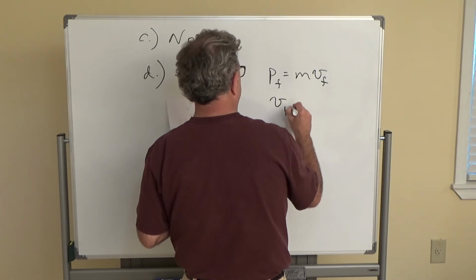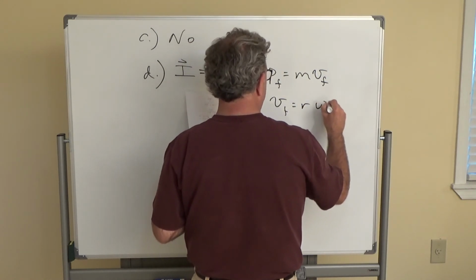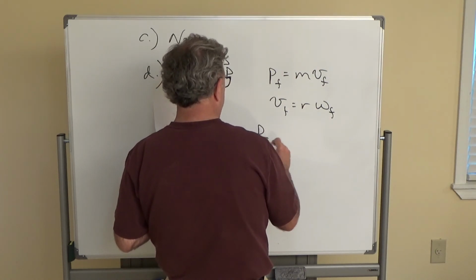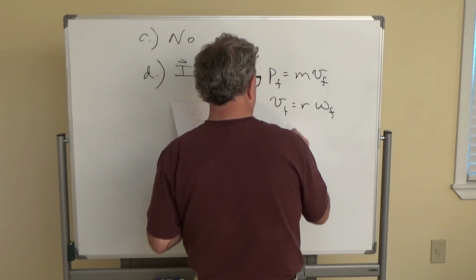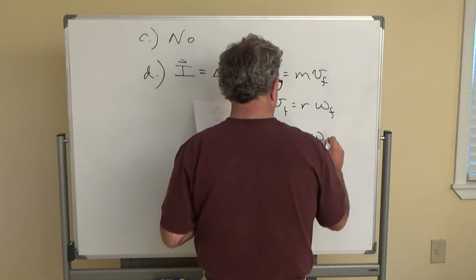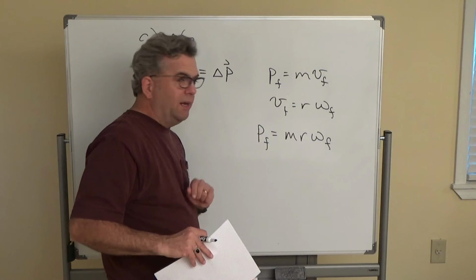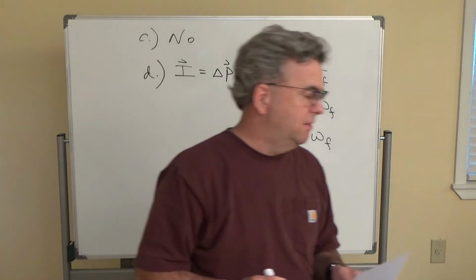V final is equal to little r omega final. So P final is equal to m r omega final. And I'll let you calculate that.